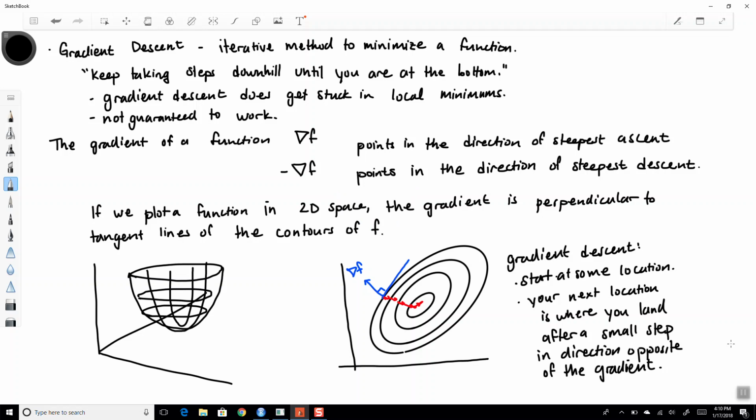So I'll do gradient descent first with the gradient as partial derivatives, and then we'll do gradient descent in matrix notation. It works either way.